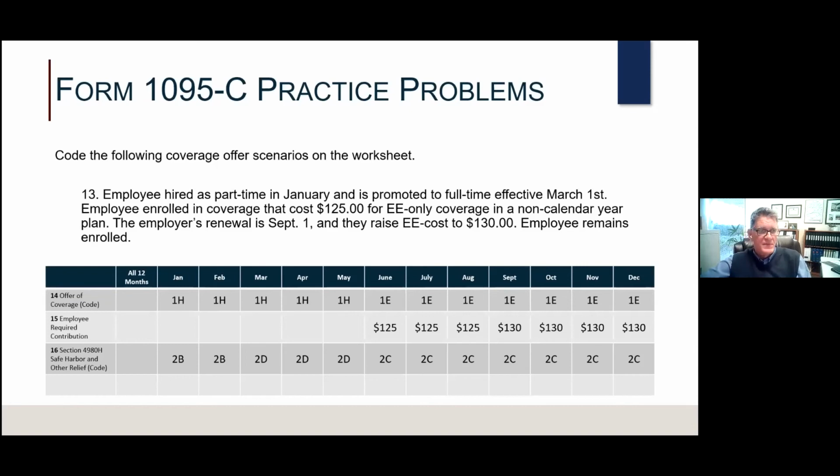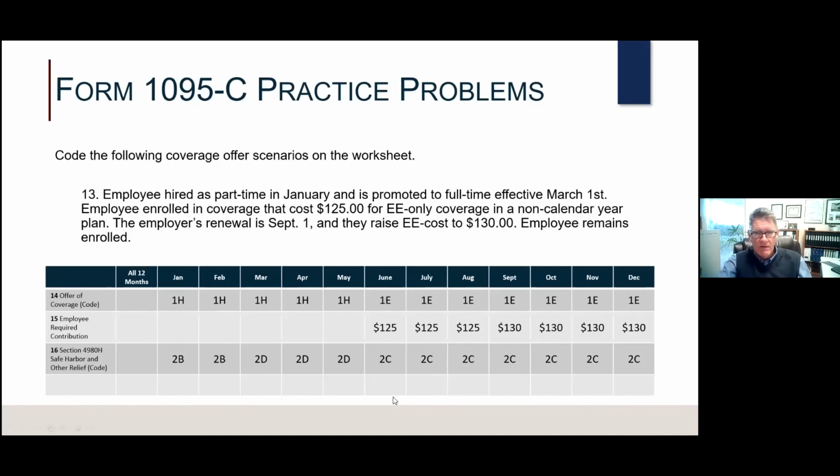However, I'm giving this to you as an example just to be cognizant of the fact that when you have a change in your insurance program mid-year, it's likely that there's a change in cost to the employees. Whatever system you're using for your 1095-C reporting has to be programmed to know what that change is.